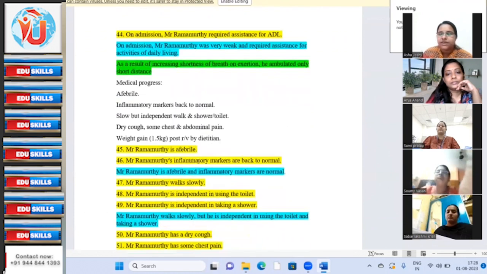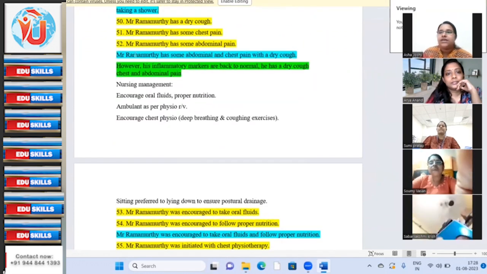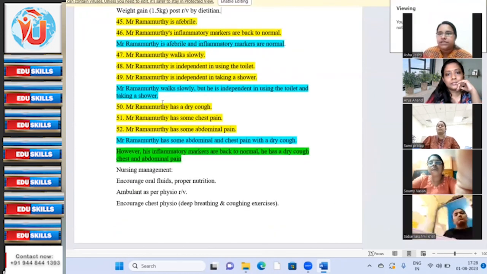One more sentence we can see: Mr. Ramamurthy walks slowly. Mr. Ramamurthy has a dry cough. Mr. Ramamurthy has some chest pain. Mr. Ramamurthy has some abdominal pain. Here we can see a compound sentence: Mr. Ramamurthy has some abdominal and chest pain with a dry cough.